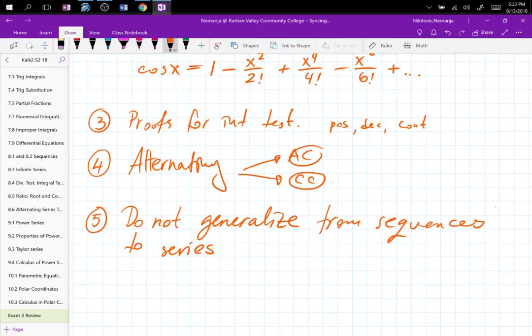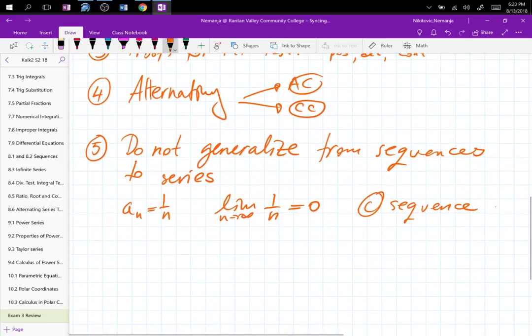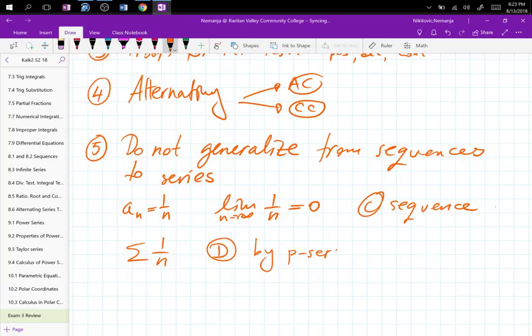Meaning, if you have a_n equals 1 over n, limit as n goes to infinity of 1 over n equals 0, convergent sequence. If you have series 1 over n, divergent by p series, or integral test, whatever.